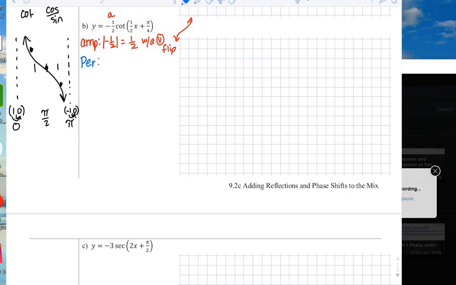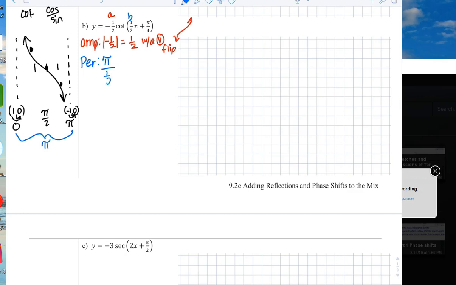All right, so let's take a look at the period. So if I go back over here to my picture, the distance between my asymptotes is the period for one full phase or one full cycle of the cotangent function. So it has a period of pi divided by your B term, whatever that is, because that'll be your horizontal stretch or your horizontal compression.